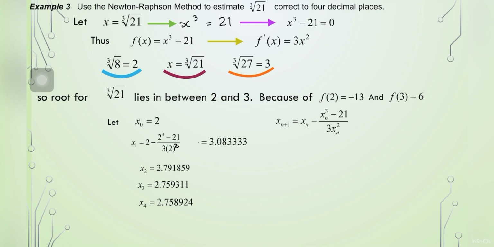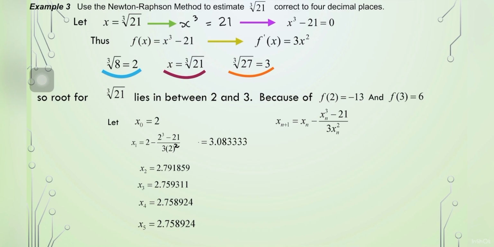Then we compare this value. Do we have the same value to 4 decimal places? So here we have 2.7593 for x3, and here we have 2.7589. So there is still a changing value, and we have to proceed with x5.